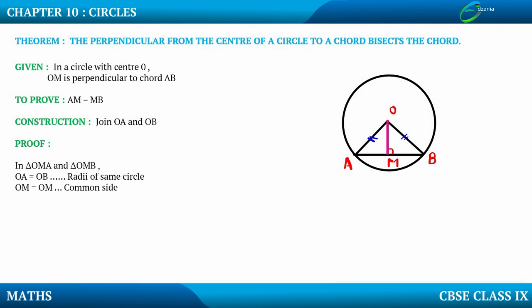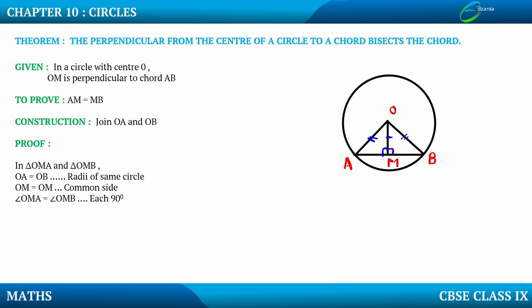After that, we can say OM is equal to OM. Obviously OM will be equal to itself, as OM appears in both the triangles. It is called the common side. And the third part, angle OMA over here is 90 degrees. Also angle OMB over here is 90 degrees. Therefore angle OMA and angle OMB are both equal because they are each 90 degrees.